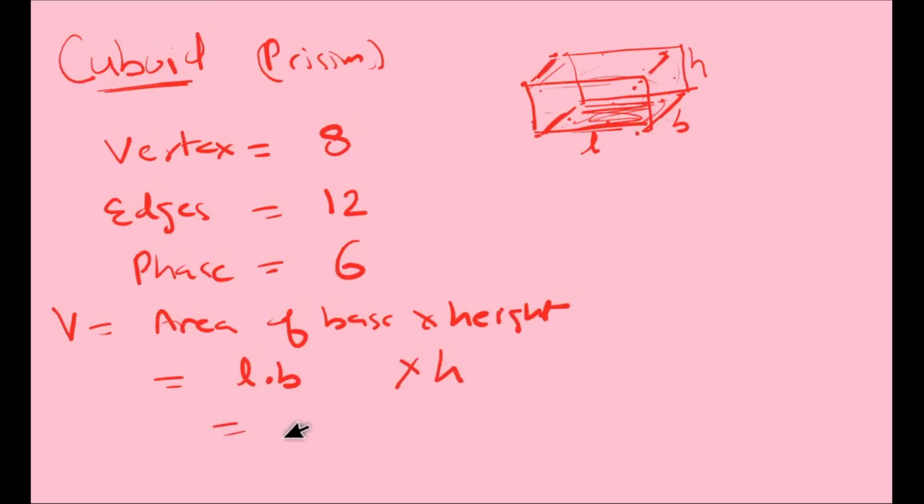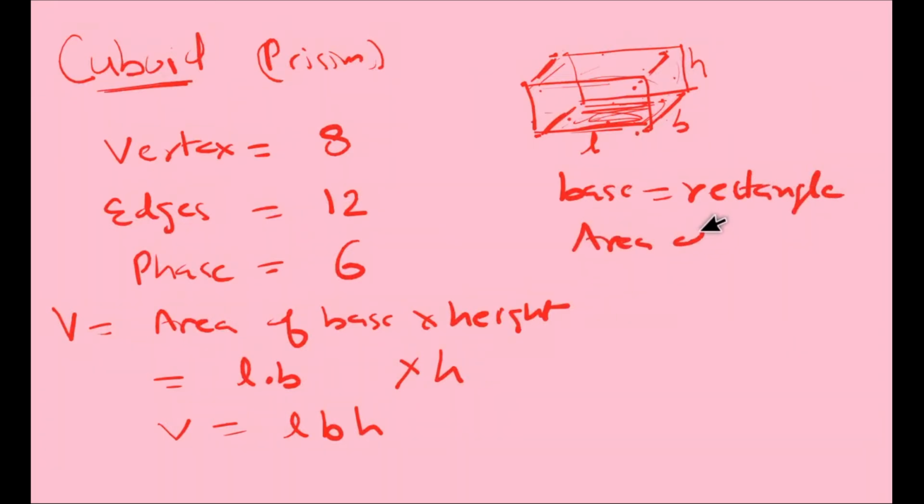So what is your formula? LBH. Here area of base is rectangle. Area of base is length into breadth.